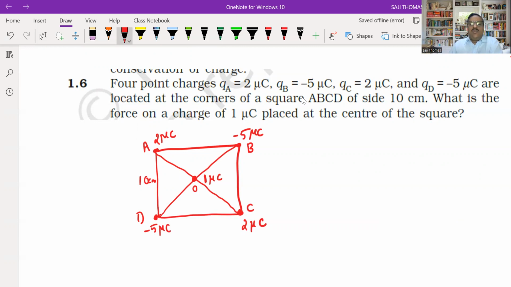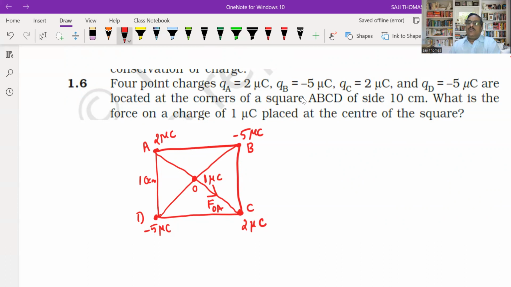See, the charge at the corner A exerts a force on O, the charge at the center O. And these are positive charges, so it will be repelling. So force on O due to A, I am representing as FOA. That will be along the diagonal downward, because both are positive charges.